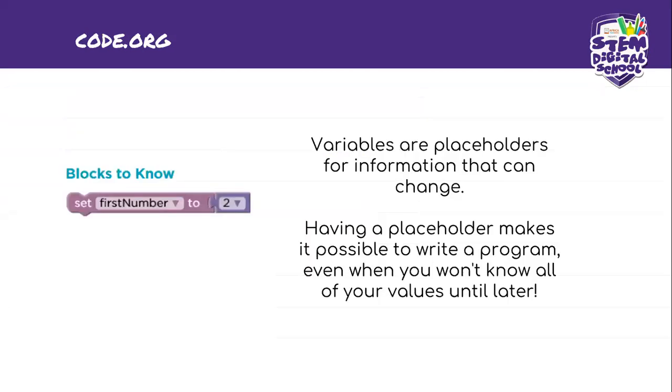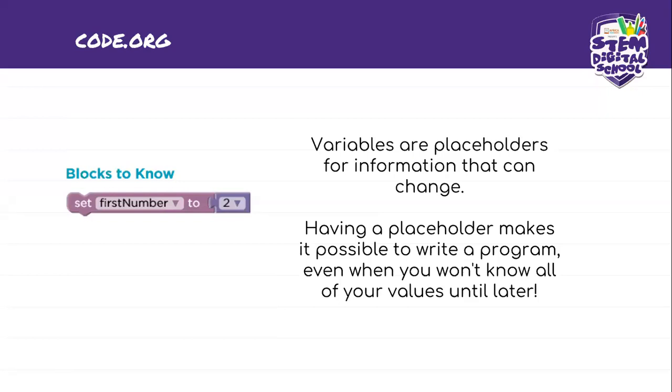Now, guys, we also have to ask ourselves, what are variables or what are variable blocks? First thing, variables are placeholders for information that can change. Now we can see by this block that I've put here in the slide, that's to illustrate. We can also call our variable anything we want. So we can name them just like our functions.